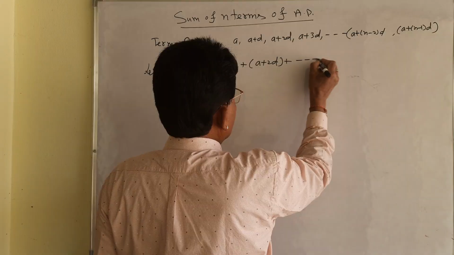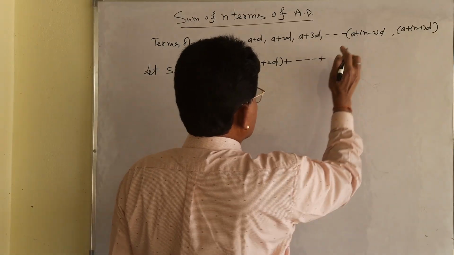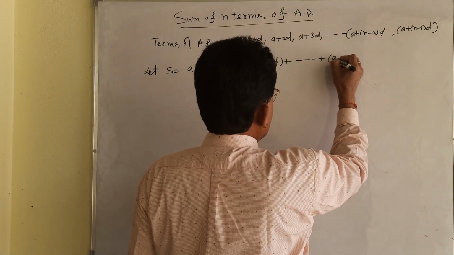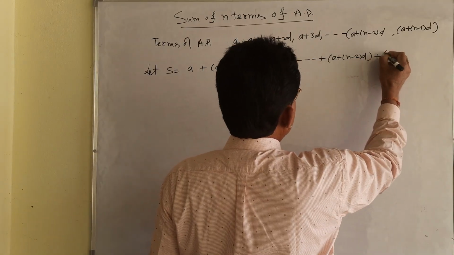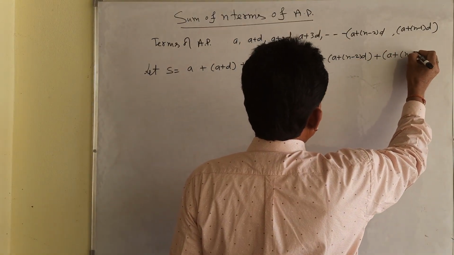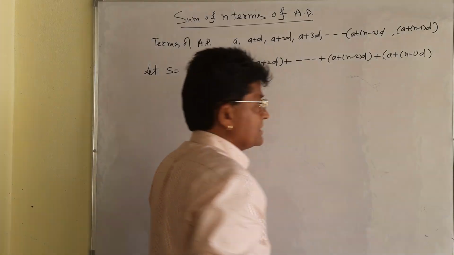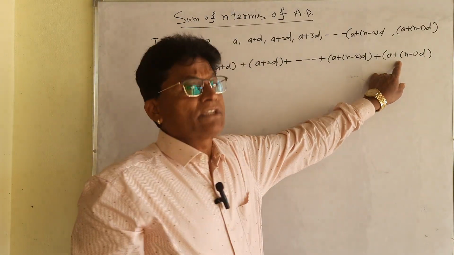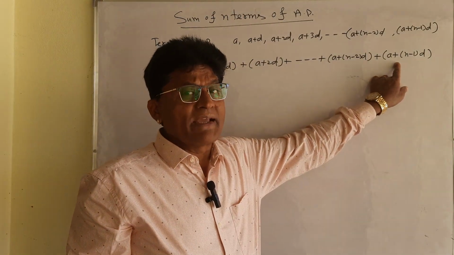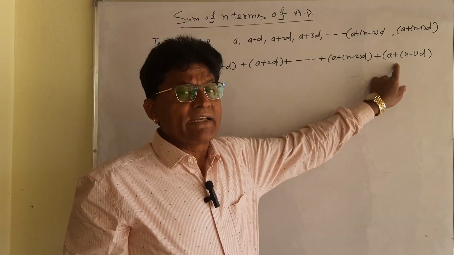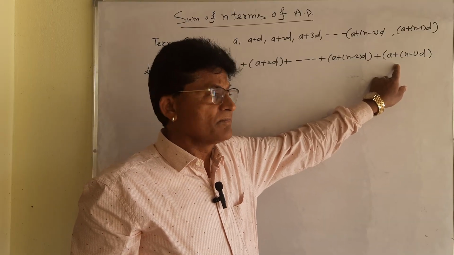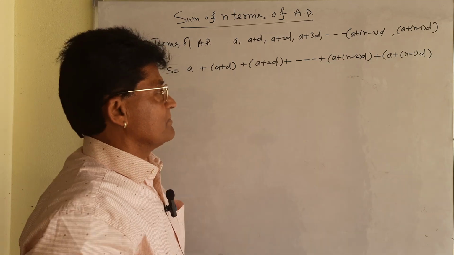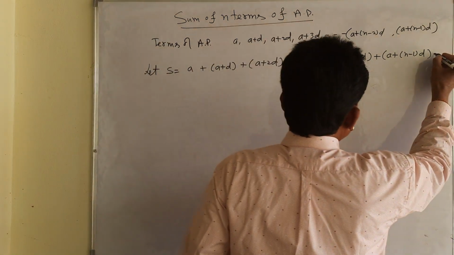Put 1, 2, 3 dots. And then a plus n minus 2 d plus a plus n minus 1 d. This is the last term, the nth term, which is denoted by an. an is equal to a plus n minus 1 d, I told you. This is equation number 1, my dear student.